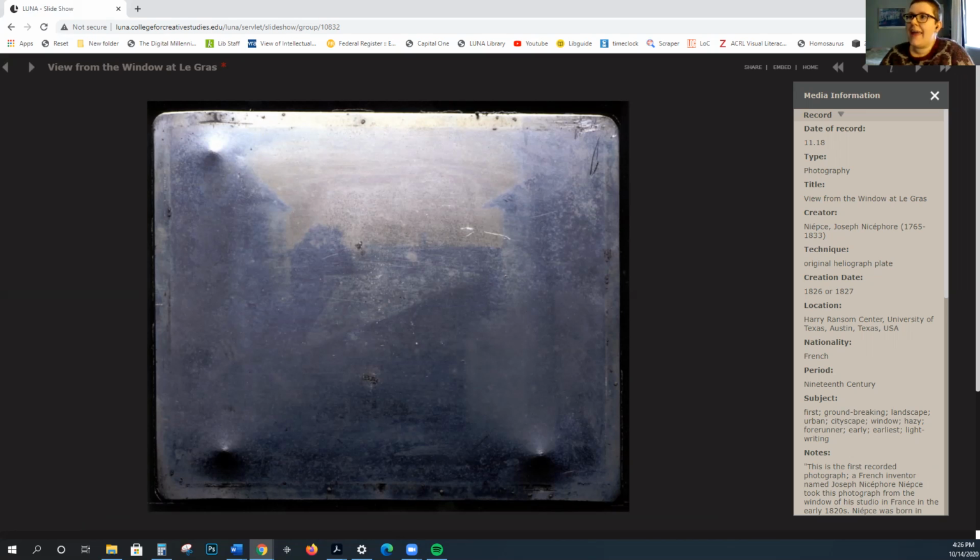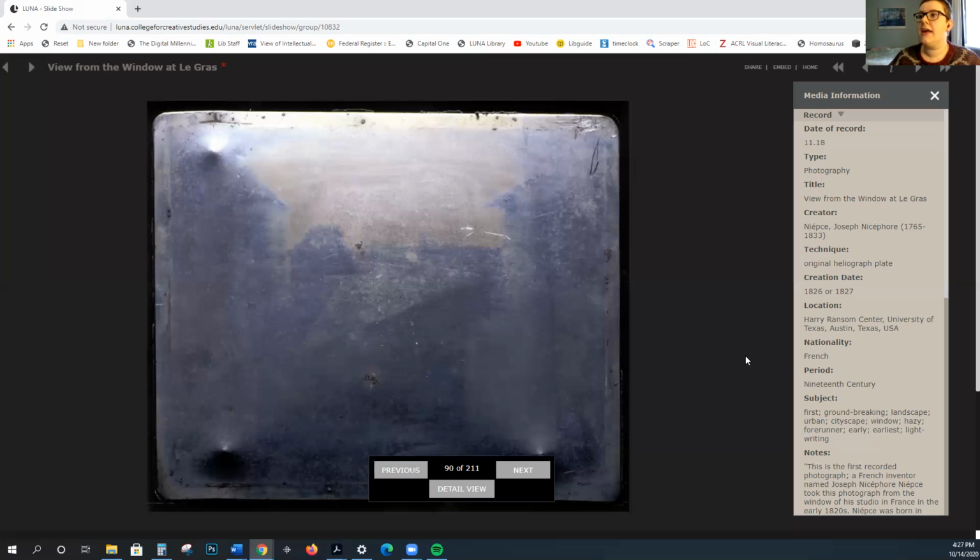But again, you have this knowledge that you can use plates and mirrors to create these images, but the lack of knowledge on how to fix it so it would not continue to deteriorate in the light, etc.